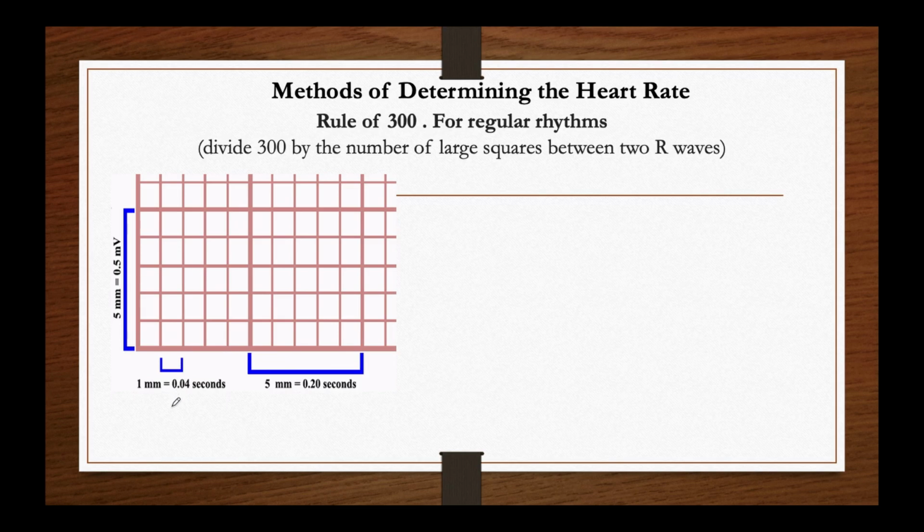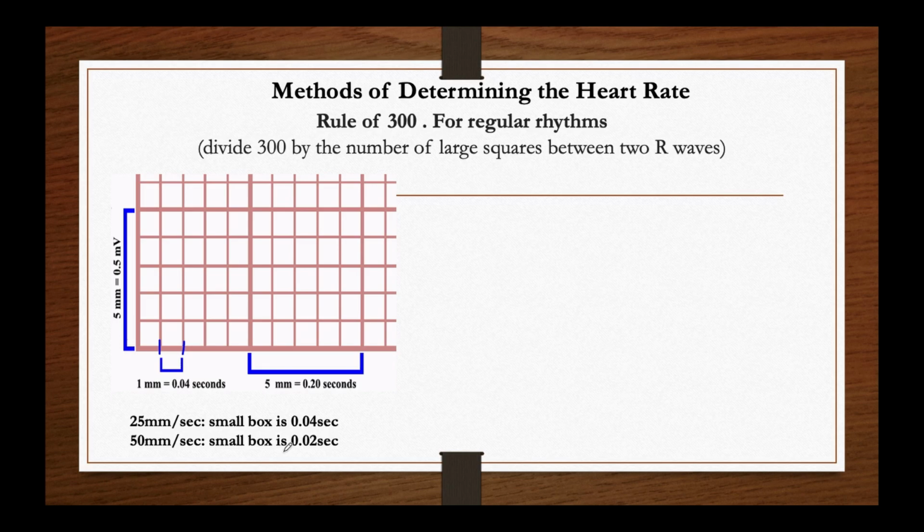If the speed is 25 millimeters per second, and one small box is 1 millimeter, then we divide 1 millimeter by 25 millimeters per second and we get 0.04 second. If the speed is 50 millimeters per second, the ECG paper is running faster, and so we divide 1 by 50 millimeters per second.